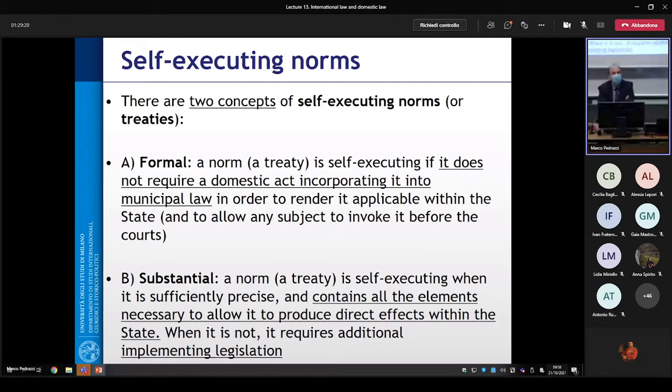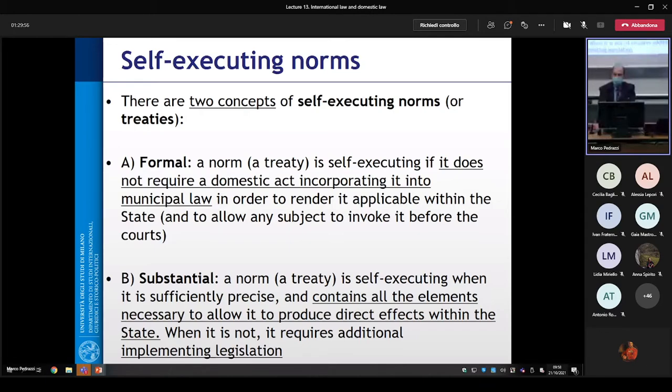For example, in the European Union, we will not deal specifically with the European Union legal system, but within the European Union, the most important act of legislation is the regulation. According to the treaties, regulations of the European Union are directly applicable in the territories of all member states, which means they are as pieces of domestic legislation.